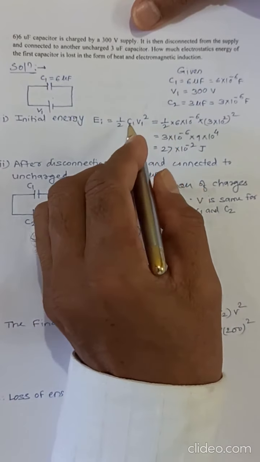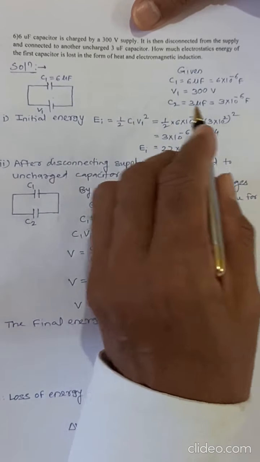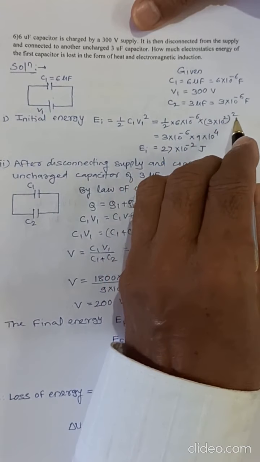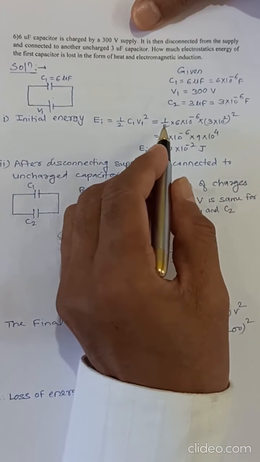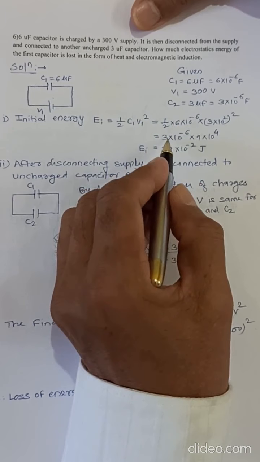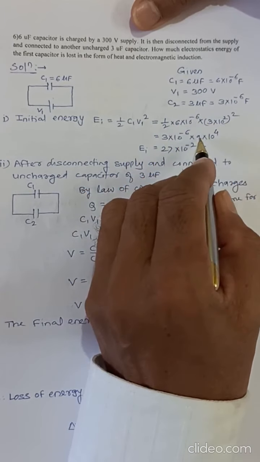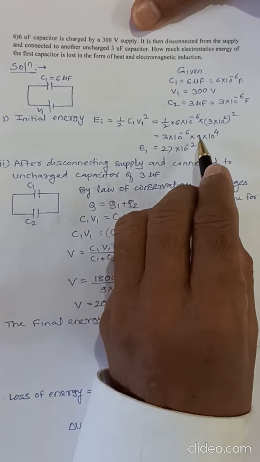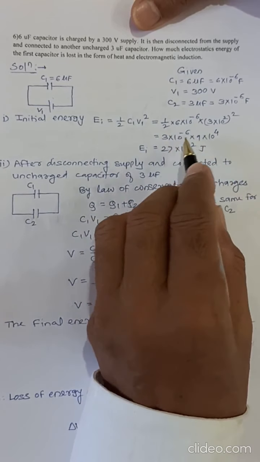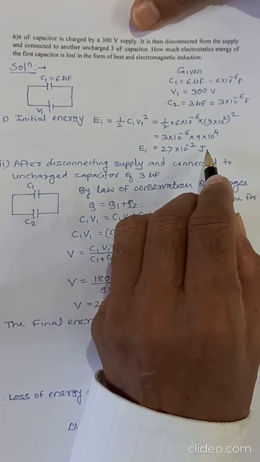So 1/2, put the value of C1, 6 into 10 raised to minus 6, V1 square, 300 means 3 into 10 raised to 2 bracket square. So divide by 2, 6 by 2 is 3, 3 into 10 raised to minus 6, square of this quantity 9 into 10 raised to 4. If we solve this, we get 27 into 10 raised to minus 2 joule.